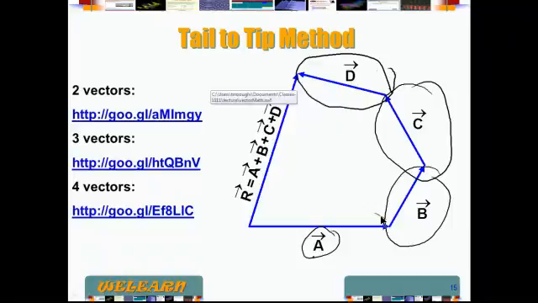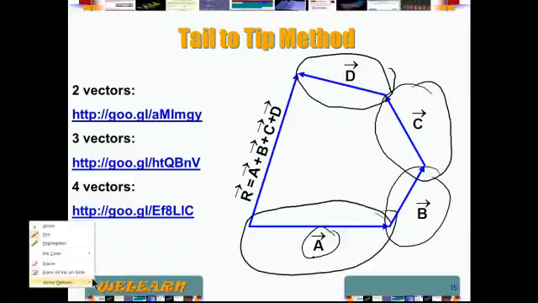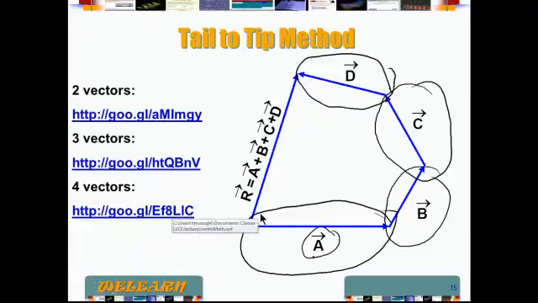Now we get the sum of the four vectors by joining the tail of the first vector that we used in the sum. What's the first vector we used in the sum? It's A. So we look for the tail of A. We join the tail of the first vector to the tip of the last vector in the sum.